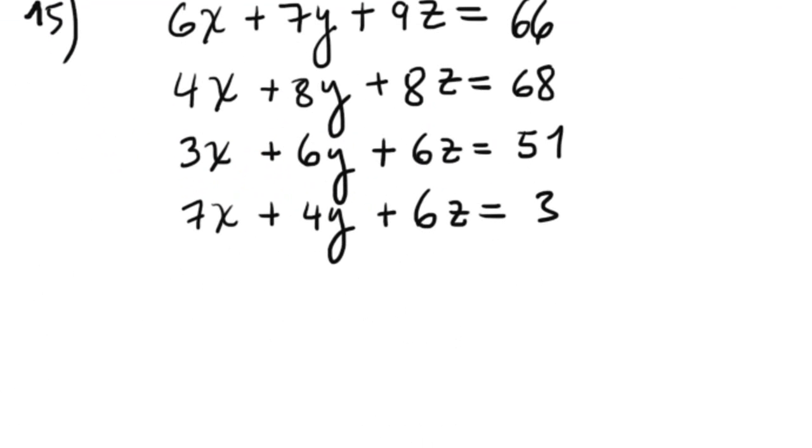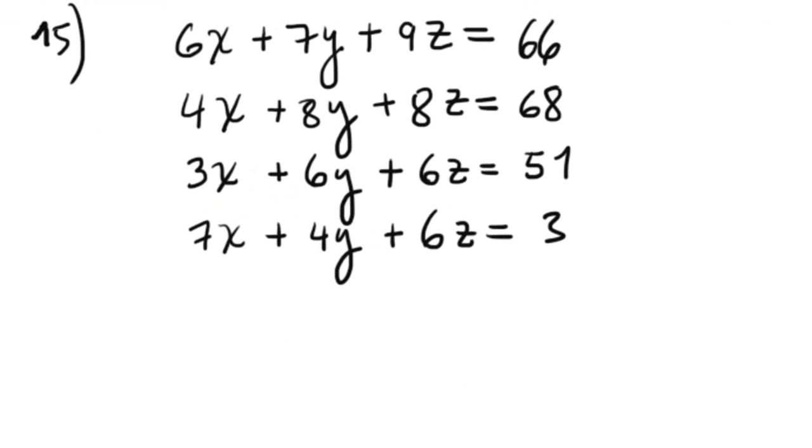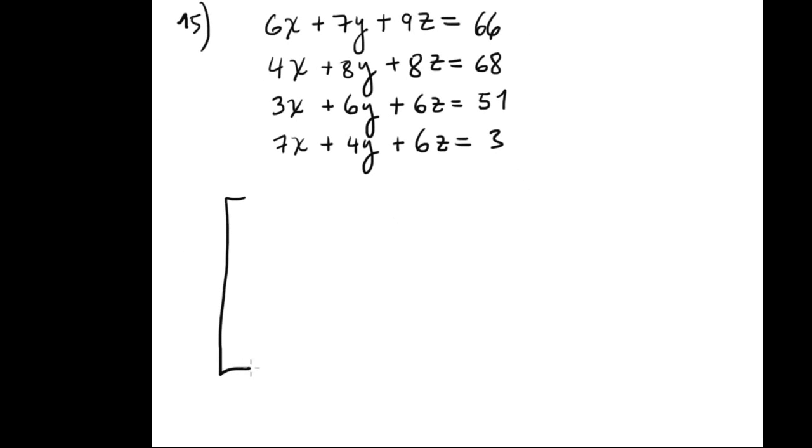Okay, question 15 is a super easy equation. It's just an introduction to the matrix notation. Entonces we have 16. The basic idea is to write the matrix notation. Entonces you write a big bracket, and inside you put the coefficients, organized by column or by row, doesn't matter. It's 6, 4, 3, 7. This column corresponds with the x.